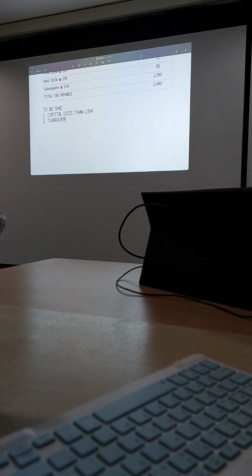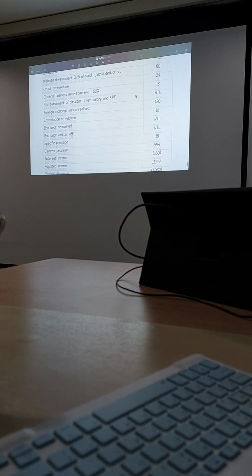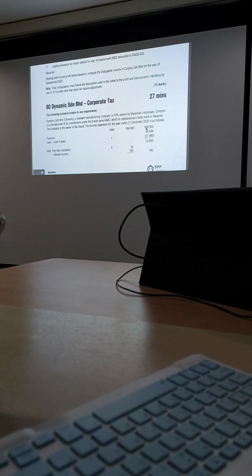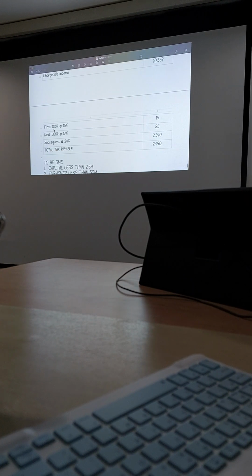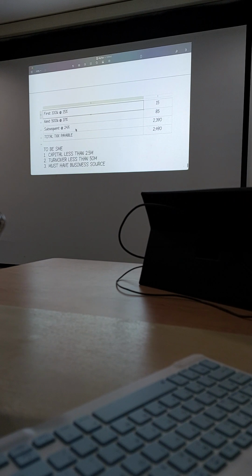Then turnover less than 50 million. And remember, the other one is a must-have. Are you clear on the three conditions? Yes. So in this case, since the sales is 80 million, everything is at 24%. You don't need to use this method of calculation. This is only eligible for SME. Does that make sense?